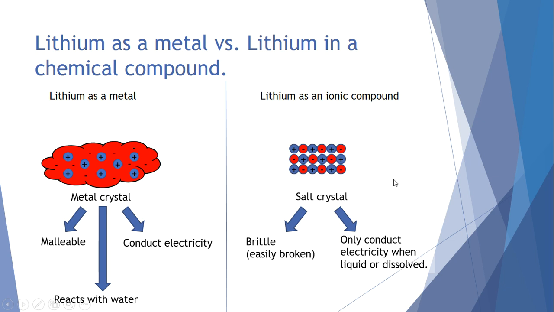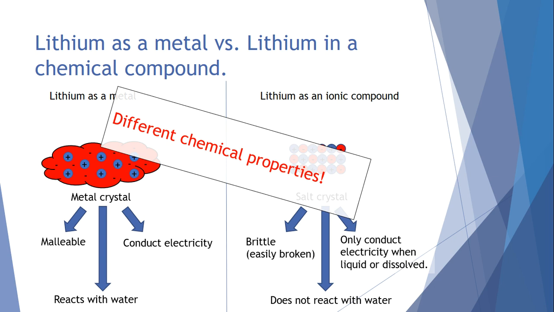If we mix a lithium salt with water, it's not going to react with the water in a chemical reaction where electrons are moved. Rather, it's going to be dissolved, but it doesn't react in a chemical reaction. So here's three different things we're comparing. So we see that dependent on if we have lithium as a metal or as an ionic compound, we have vastly different chemical properties to deal with.